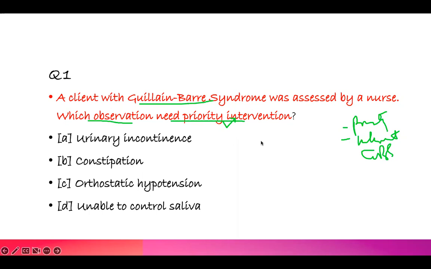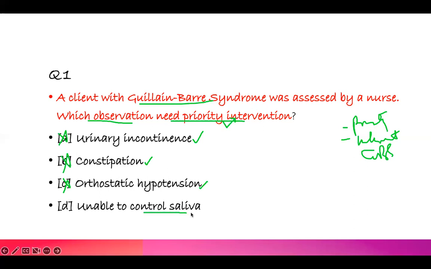So there are certain things I need to see, but there's one that when I see it, I'm worried and I have to be sharp about. The GBS people, well, they have urinary incontinence. I don't care about it. They have constipation. I don't care about it. Orthostatic hypotension. I don't care about it.